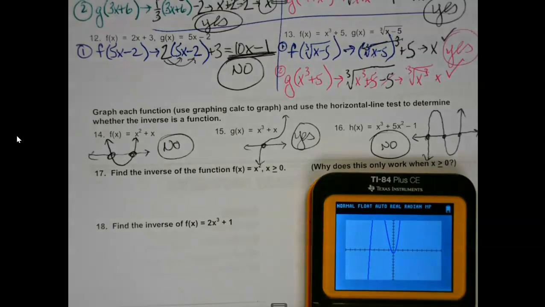Typically what's going to happen is if you get even, because again, even we think parabola. Parabolas are not going to pass the horizontal line test. Odds, we're going to be thinking linear almost. They're going to pass. Here's the oddball though.